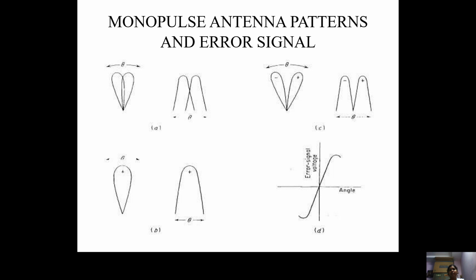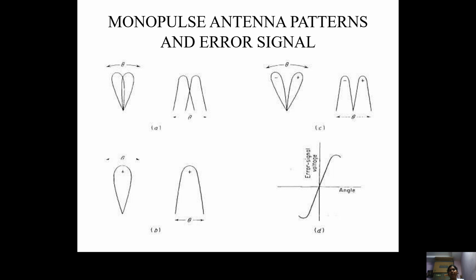Figure B represents the sum of the two antenna beams, whereas figure C represents the difference of the antenna beams. And figure D shows the error signal voltage. So the steeper the slope, the smaller the error value.